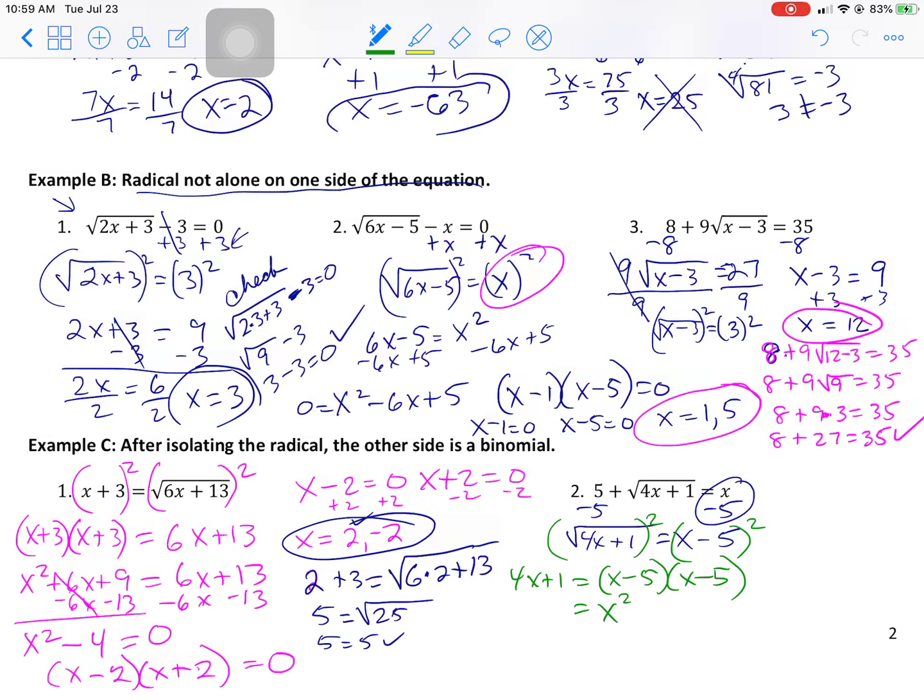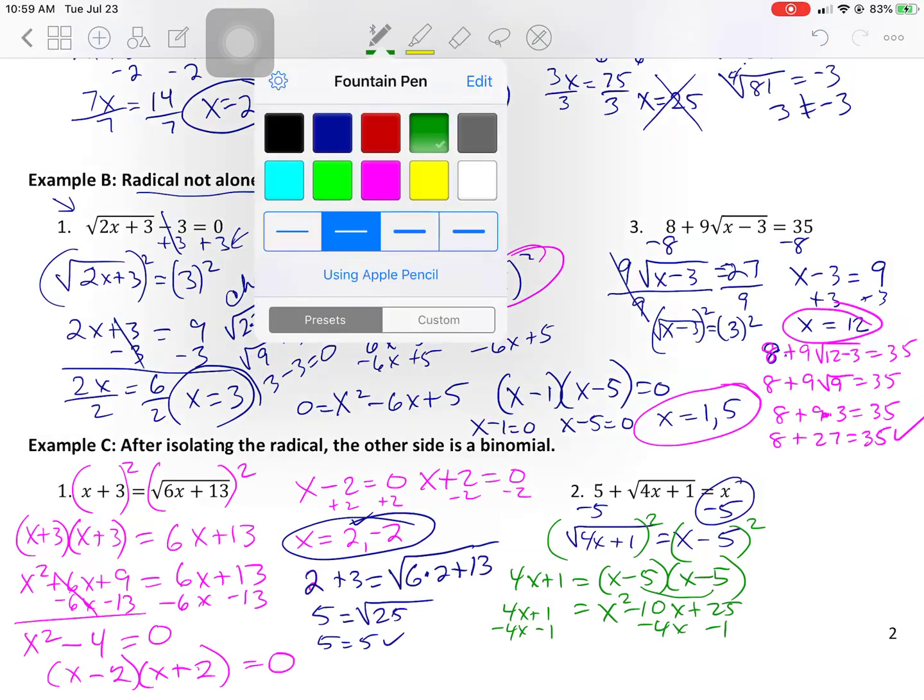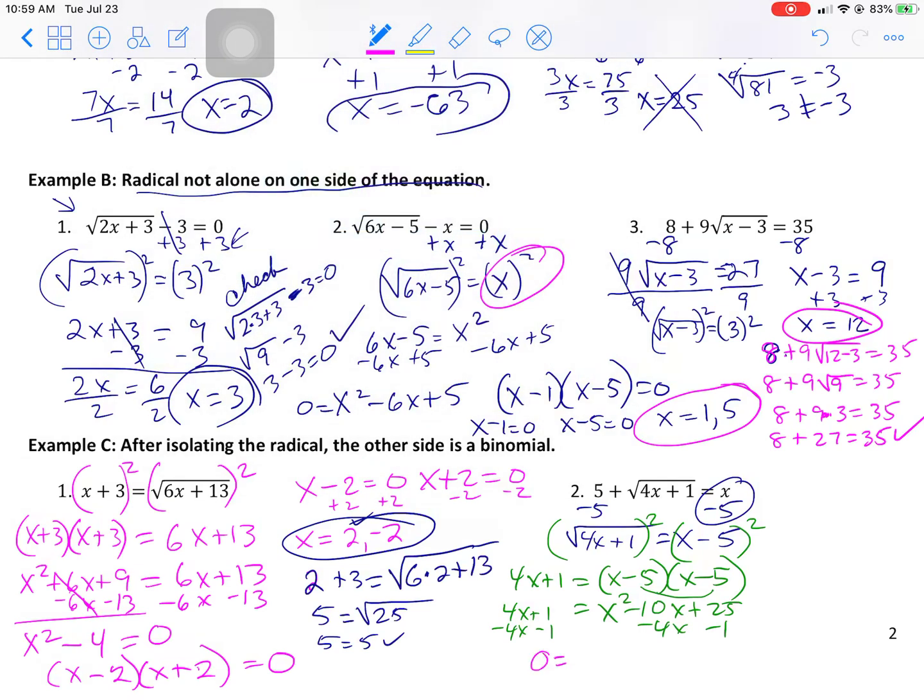x squared minus 5x minus 5x is minus 10x, and then negative 5 times negative 5 is a positive 25. And these terms over here need to be moved over. All right, so I'm going to get 0 equals x squared minus 14x plus 24.